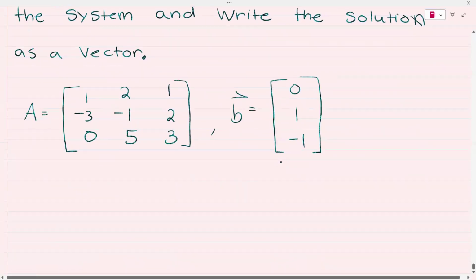Our goal is to somehow get vector x from the augmented matrix A, b. That's our goal. So let's first write it as an augmented matrix.